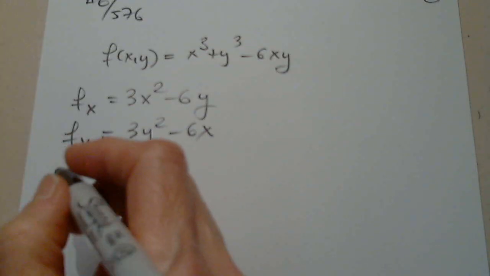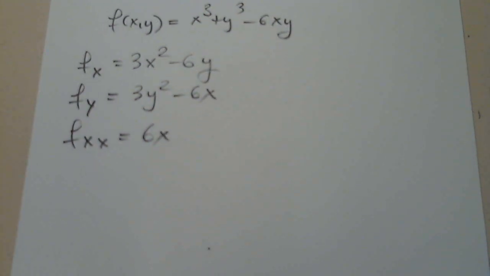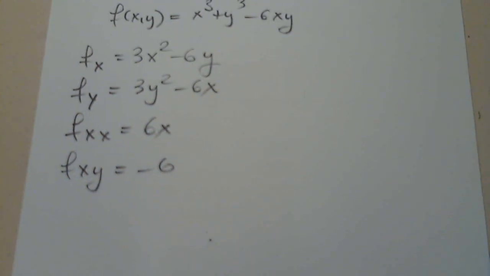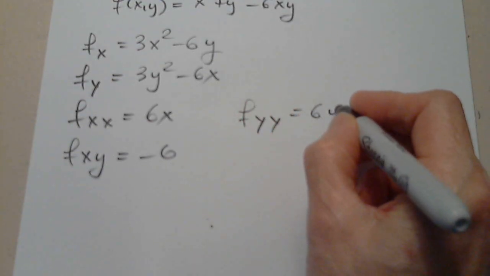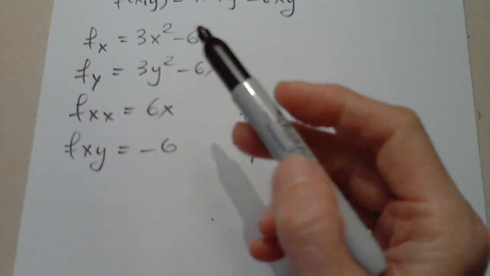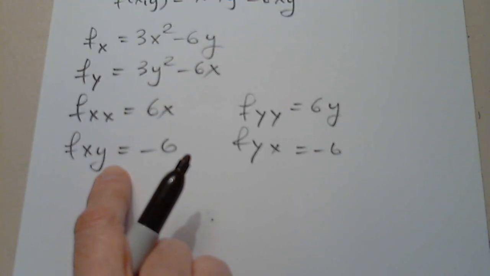Then fxx, which is 6x. Then fxy, which is negative 6. And then we have fyy, which is 6y. And of course, fyx has to be the same as fxy.